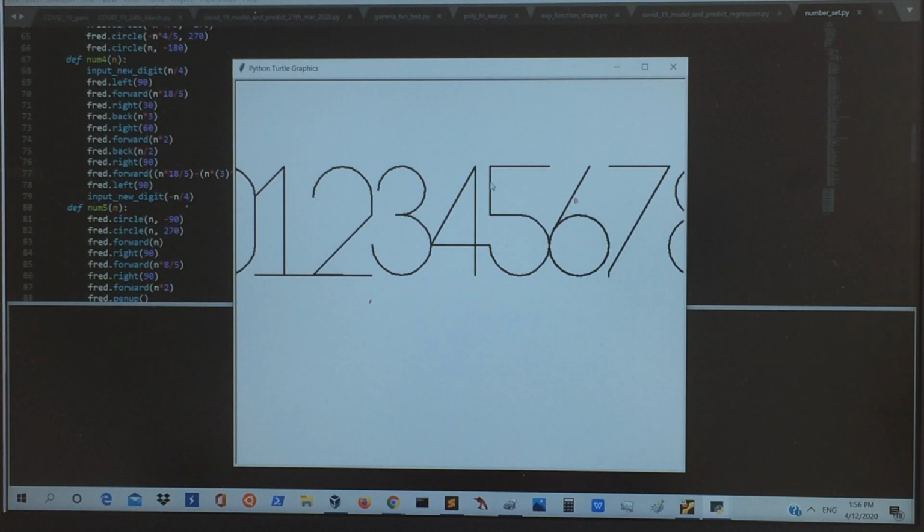Now for 5, I go back just like I have done in number 3, and rather than doing another circle, instead I code the turtle to go forward, thread.forward n times 8 divided by 5.